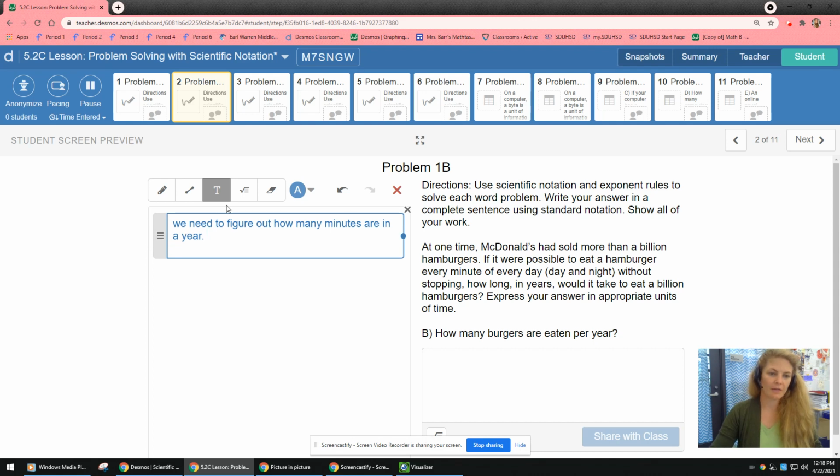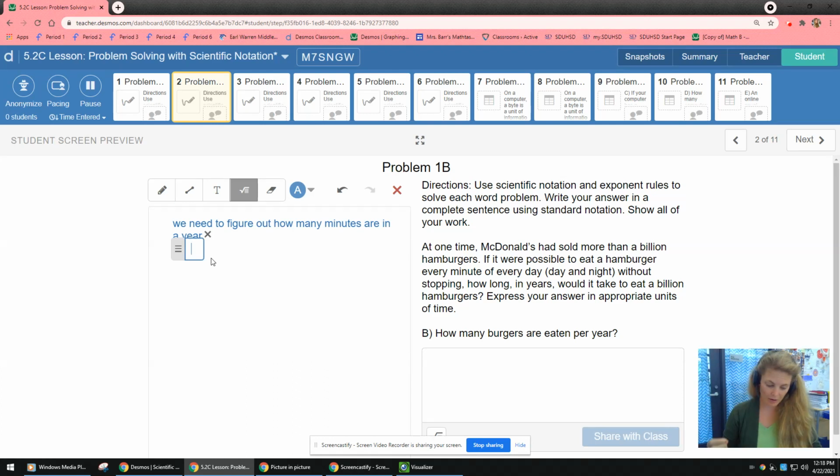Well, to figure that out, I know that there are 365 days in a year, and we know how many hamburgers are eaten per day. So if we take the number per day and multiply that times 365 days, we will get our answer.